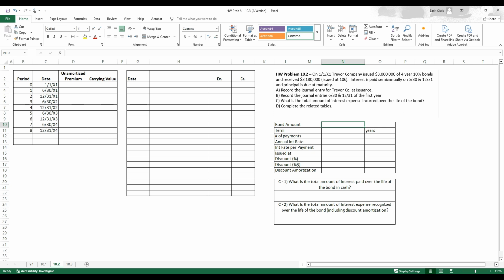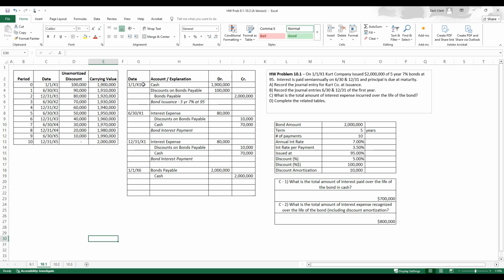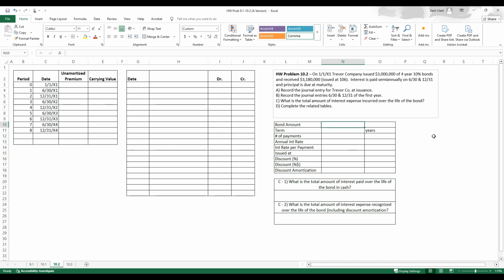So here we've got the first year. I think we can probably copy over a lot of the information there, but let's just fill this out to begin.